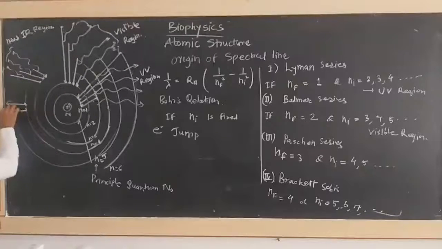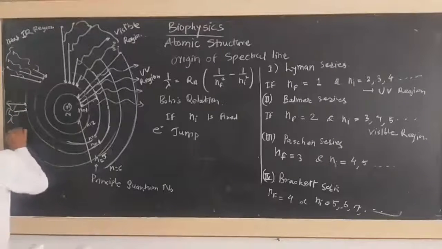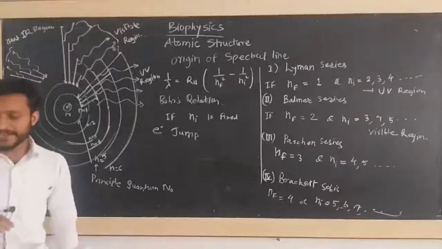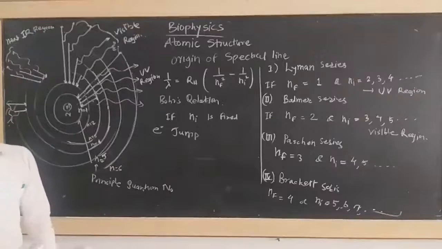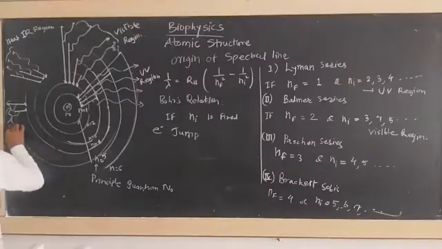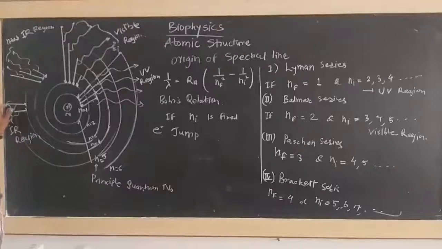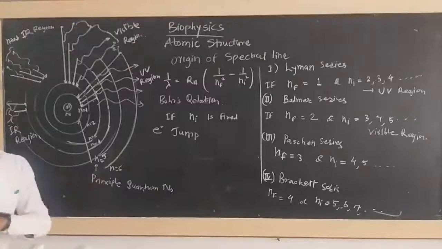Such de-excitations emit radiations, and this is called the Brackett series, and the electromagnetic radiations are in the infrared region, IR region. The frequency of the emitted radiations is in the IR region.